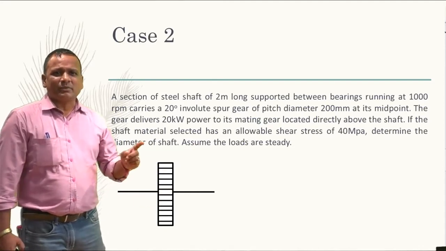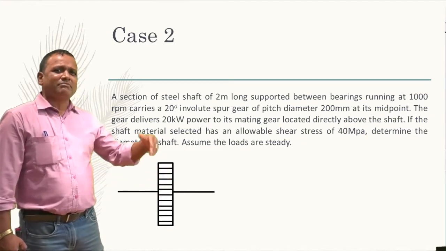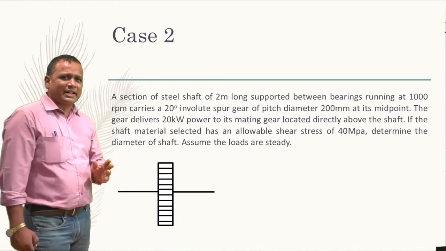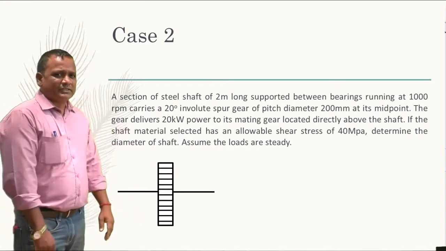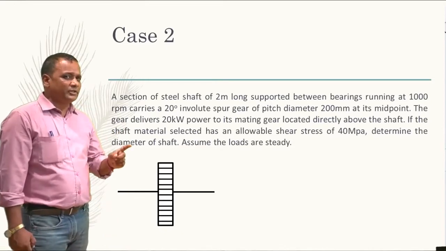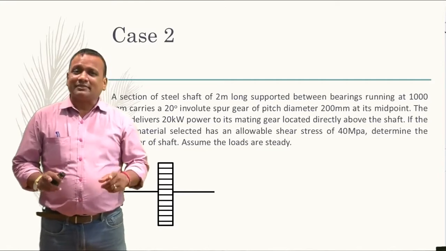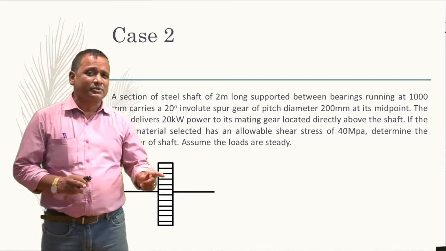The gear delivers 20 kilowatt power to its mating gear located directly above the shaft. If the shaft material has an allowable shear stress of 40 MPa, determine the diameter of the shaft. Very important to know, assuming the loads are steady.